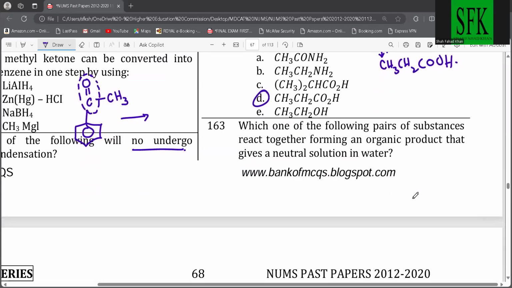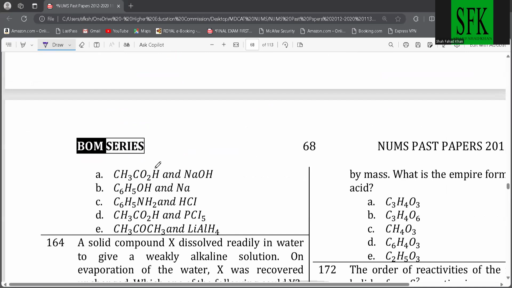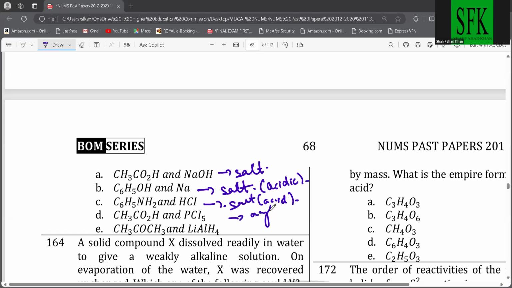Which one of the following pairs of substances react together, forming an organic product that gives a neutral solution in water? With NaOH, this is going to produce a salt, and a salt may be neutral. Let's see. So it's going to give us a salt, but that salt is slightly acidic. This is an acidic solution. With this one, this is going to also give us a salt, which is also slightly acidic. It's going to give us an acyl chloride.